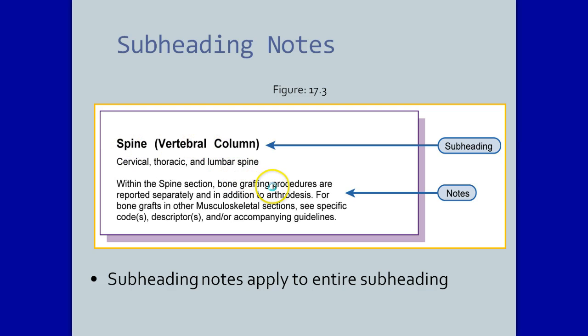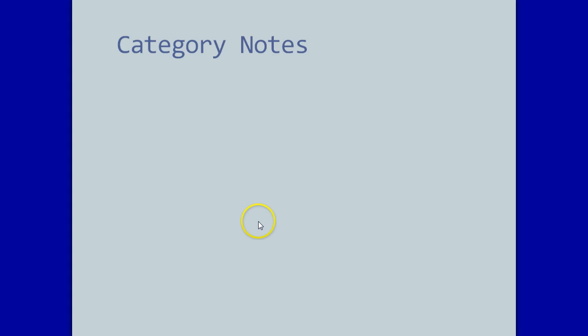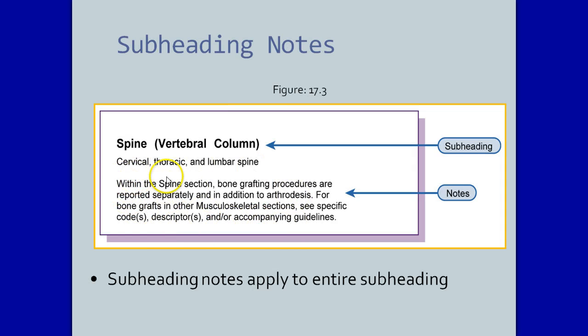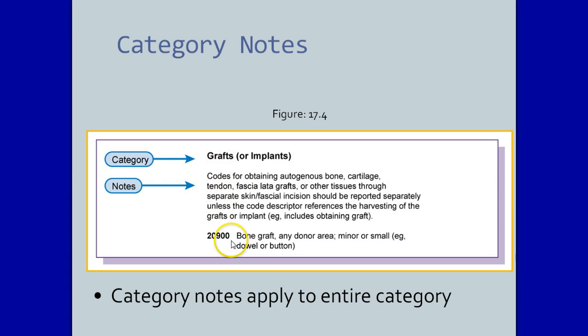What else is listed under spine is the category of grafts. So all of these rules apply to the category of grafts. Whatever is inside of grafts, any codes underneath, these particular rules right here apply to that. It's kind of like a pyramid. You think about your coding like a pyramid.